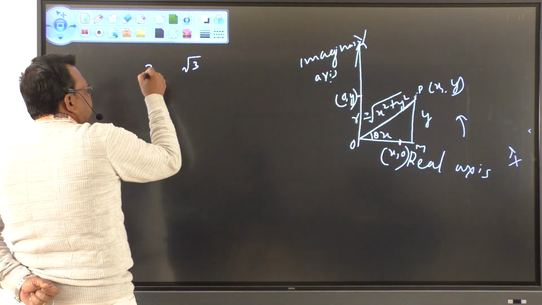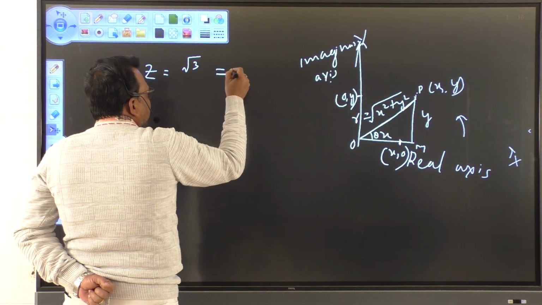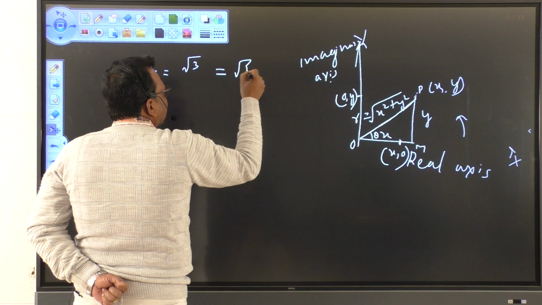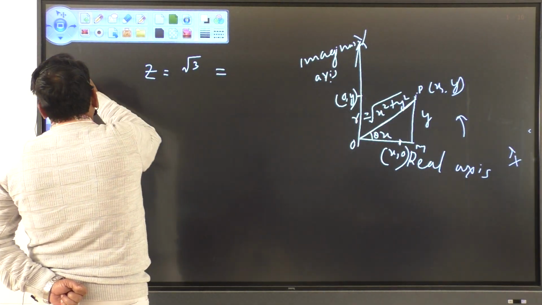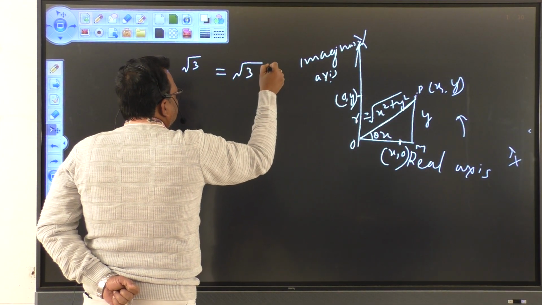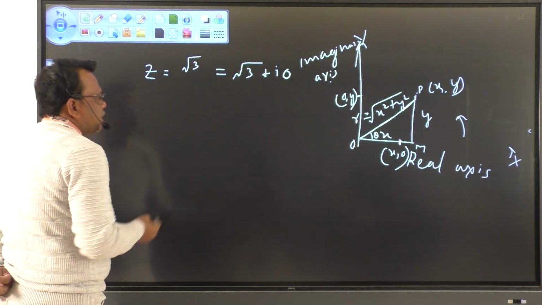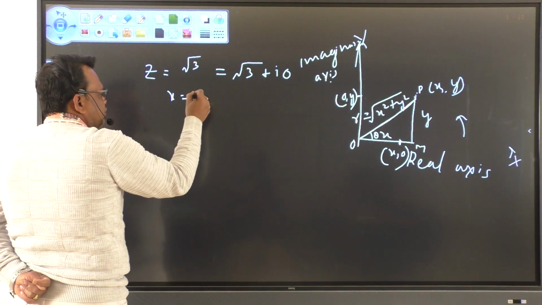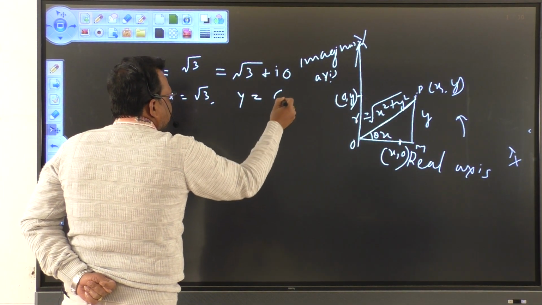Now, this is our given complex number root 3, and the standard form of this complex number is root 3 plus i into 0. Here our x is equal to root 3 and y is equal to 0.